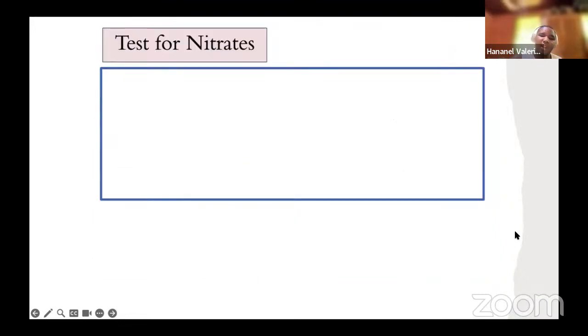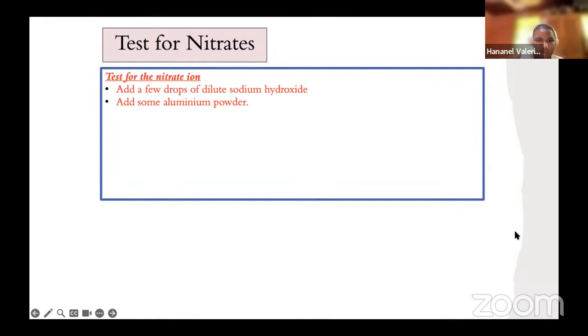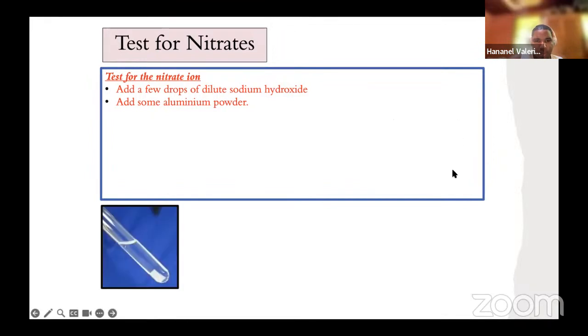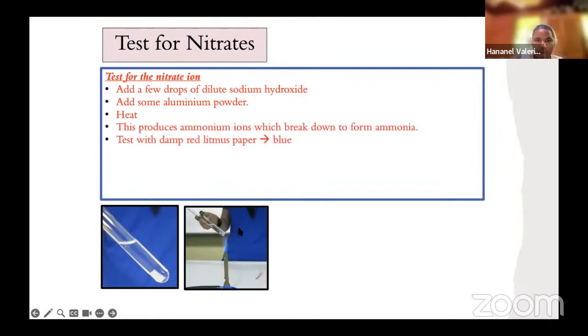And now we're testing for the nitrates, so the NO3 minus ions, right? So we're going to add a few drops of sodium hydroxide. We're going to add some aluminum powder, essentially. So this is what we do. We're going to heat it up. And then this will produce the ammonium ions, which break down to form ammonia, okay? And then we test with red or blue litmus paper.